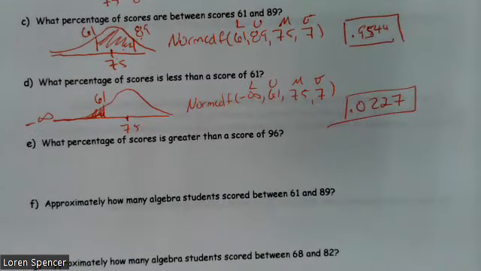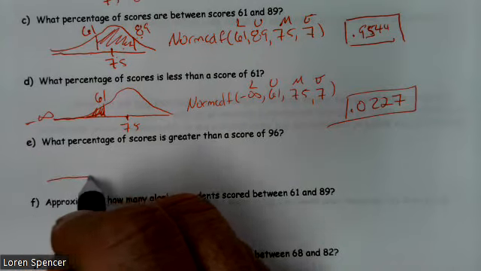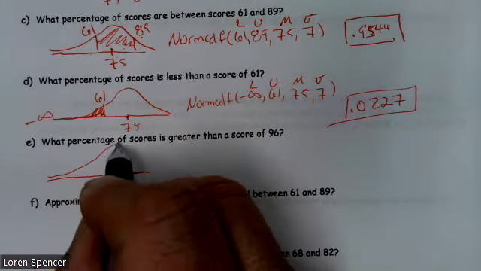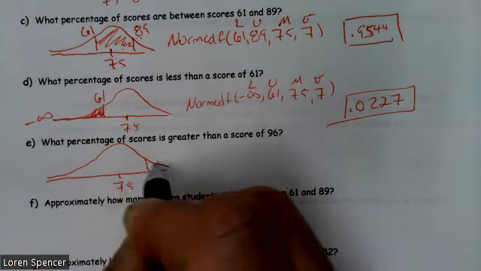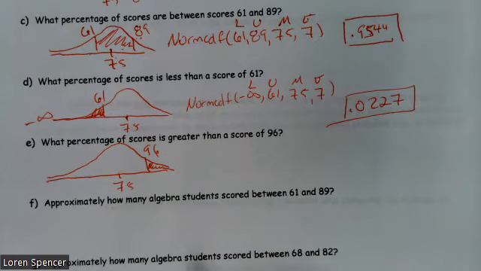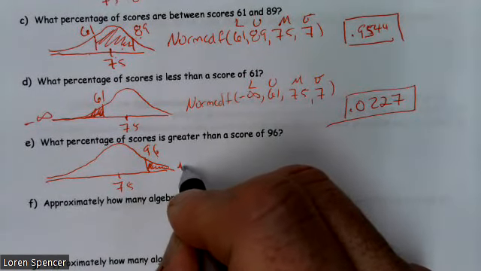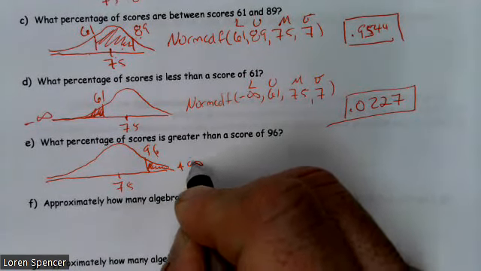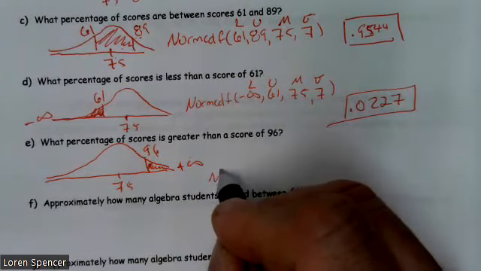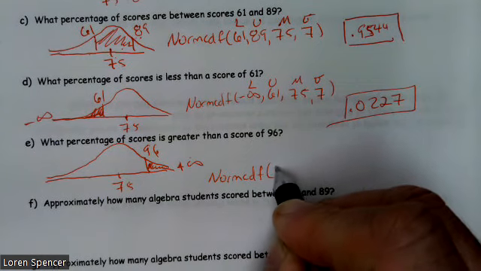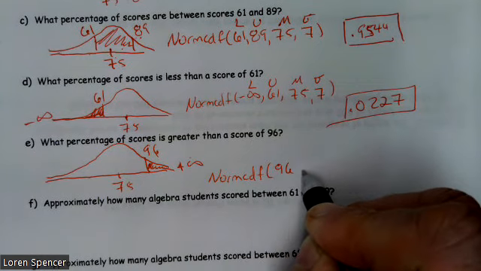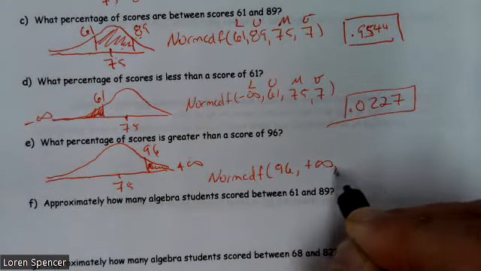What percentage of scores is greater than a score of 96? Well, 96 is above 75. So we're looking to go from 96 to positive infinity. Once again, still a normCDF. Our lower bound is 96. Our upper bound is positive infinity.